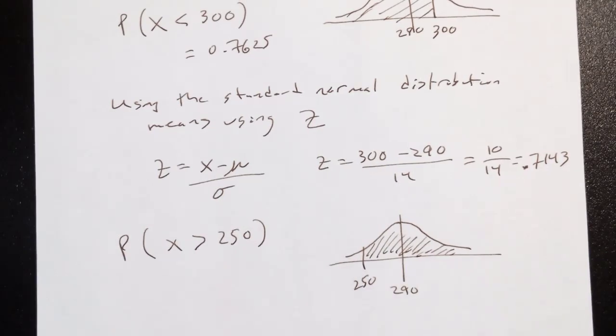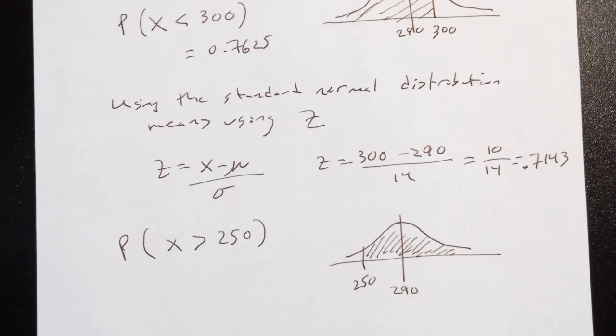Okay, now we have a decision to make. I can't use either of my tables directly, because both of my tables shade area from some point to the left. The cumulative table, table C2, goes from our z value all the way down to the left, and table C1 goes from that value to the middle.